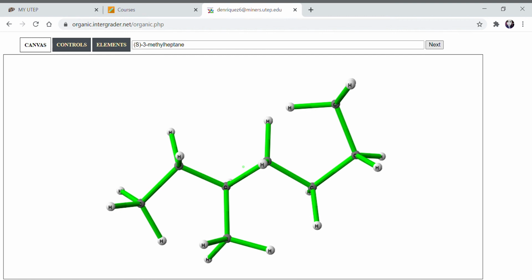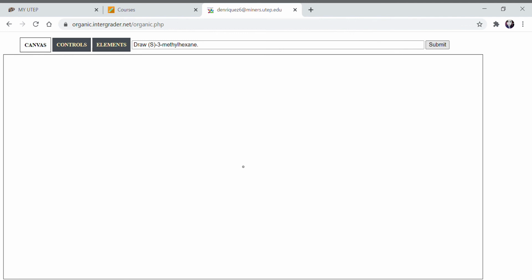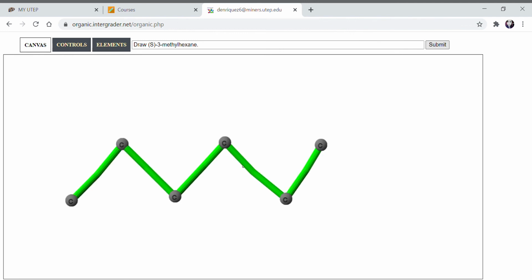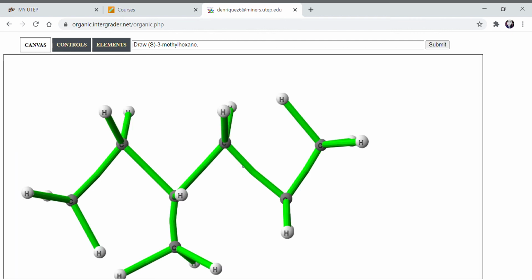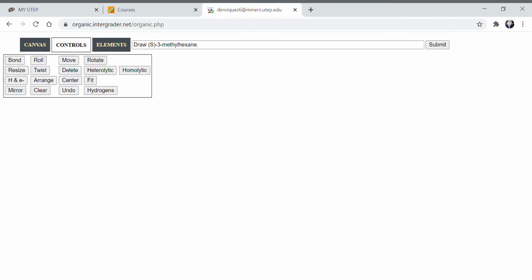Okay, I'll do one more. Methylhexane. So draw the hexane, methyl at the 3 position, add your hydrogens, hit arrange, fit, and roll.